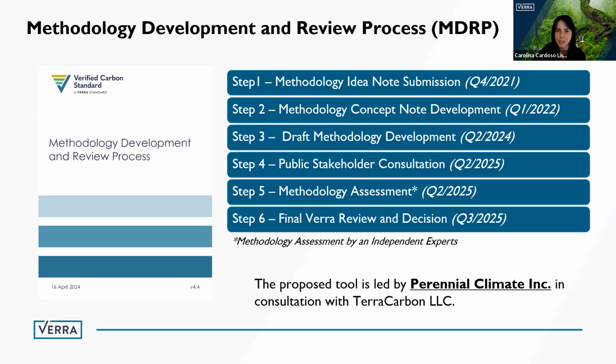After more or less 2 years of rounds of reviews, Verra finally approved the tool to move to step 3, the draft of the tool development. Verra also requested at this time that Perennial establish a working group to give critical feedback to the draft. And we are now on step 4, public consultation.